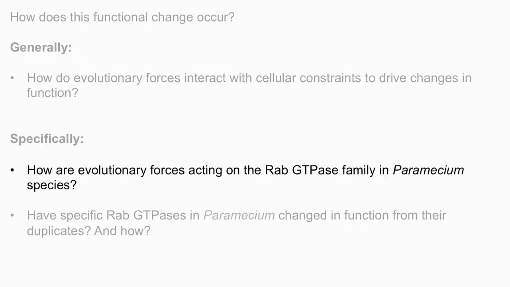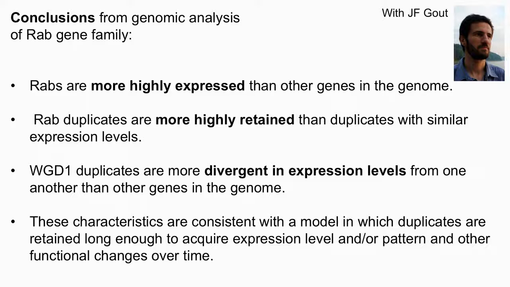So, to get at my first specific question, how are evolutionary forces acting on the Rab GTPase family? I'm just going to give you a summary of some work that Jeff and I have done, because I don't have time to go into it today. We found that in the 3 species I talked about, Tetraurelia, Biaurelia, and Sexaurelia, each Rab gene family is on the whole much more highly expressed than other genes in the genome.